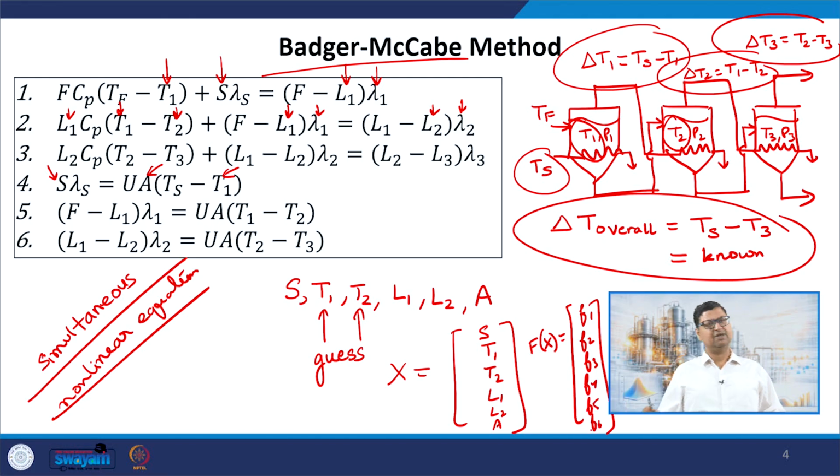That could also have been a possibility, and there is a method called the Newton-Raphson method for multiple equations that we can apply in that case, and we can get the solution for that. We will discuss that method for this particular example when we discuss the numerical solutions of equations in week 7.